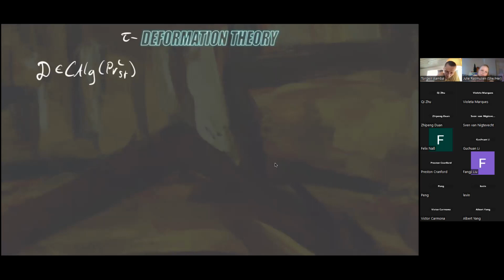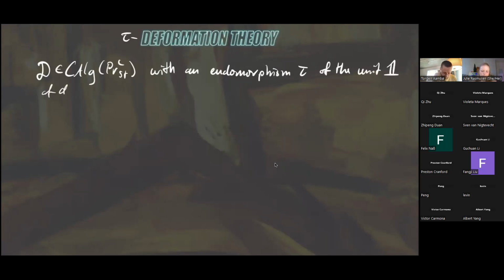And we also require that the category, and its unit in the symmetric monoidal structure, have an endomorphism of degree -1. Okay, so these are things that are required, at least for the tau deformation theory.